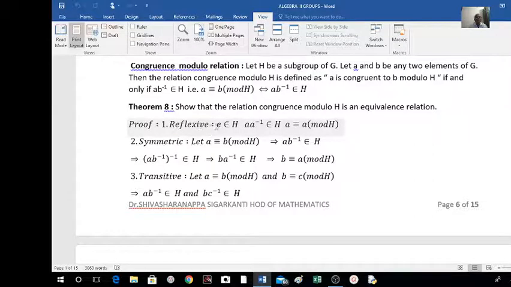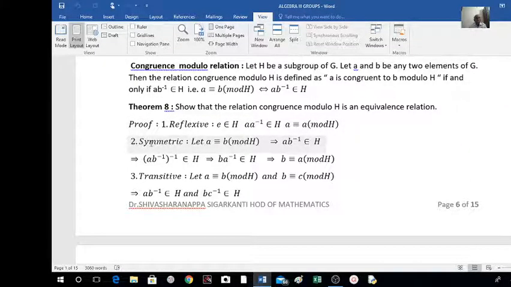Since H is a subgroup of G, the identity element E belongs to H, and E can be written as AA inverse. So AA inverse belongs to H. Here, if AB inverse belongs to H, then we write A congruent to B mod H. Since AA inverse belongs to H, we can write A congruent to A mod H. This is nothing but the reflexive relation.